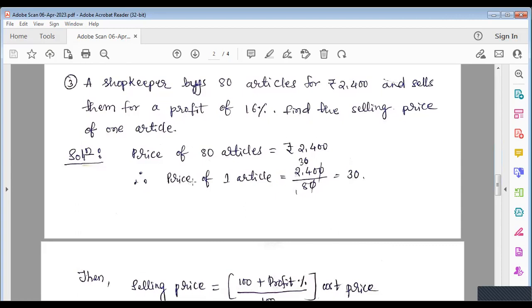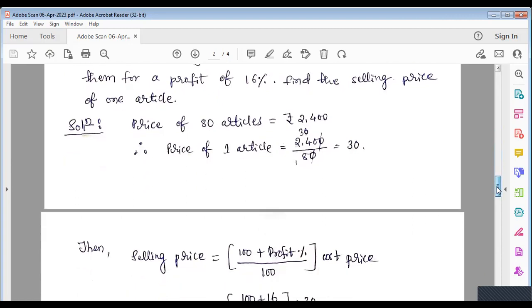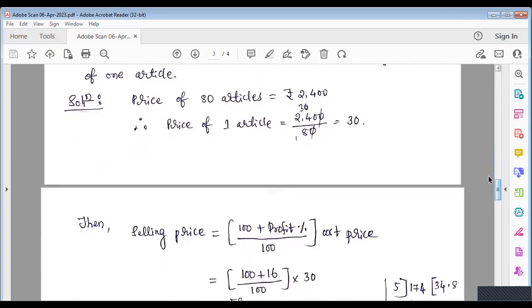So here, a shopkeeper buys 80 articles for 2,400. So the price of 80 articles is 2,400, and we have to calculate the price of one article.